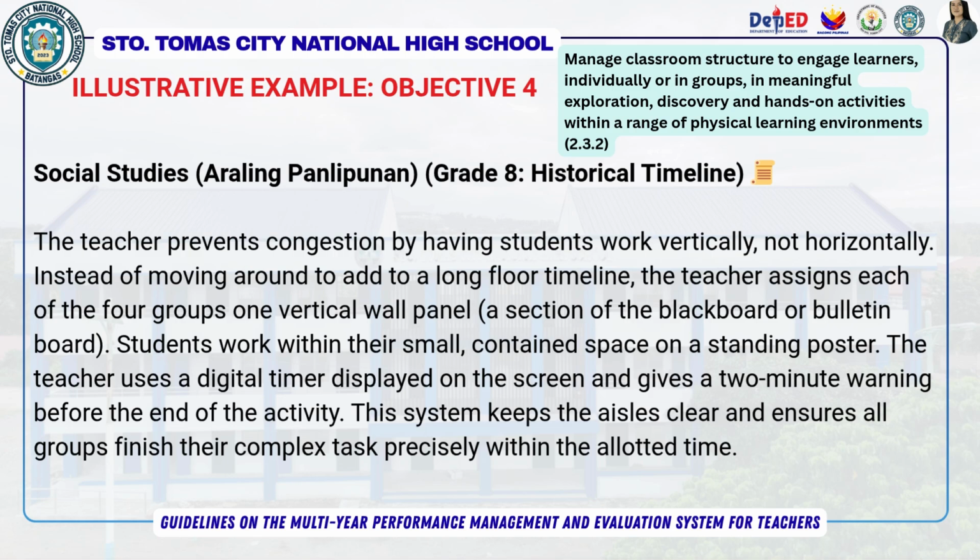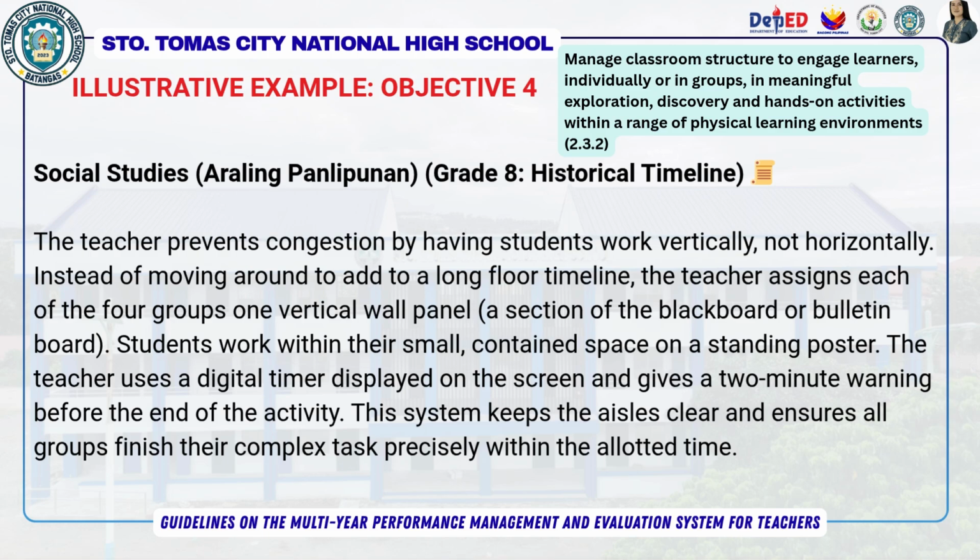Let's look at how good classroom structure supports engagement, starting with social studies. Objective 4 is about managing your physical learning environment. Here, the challenge is managing groups doing a large historical timeline without creating congestion. Instead of letting students crowd the floor, the teacher ingeniously uses vertical wall space for each group.